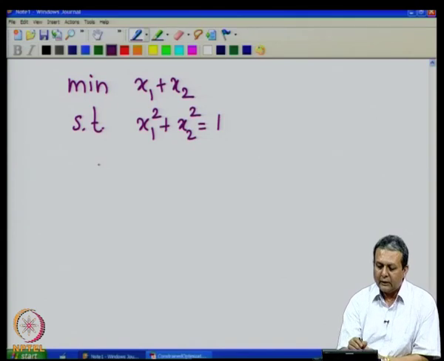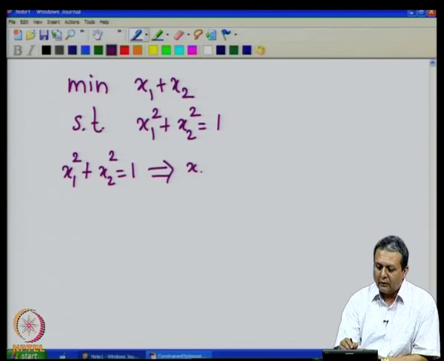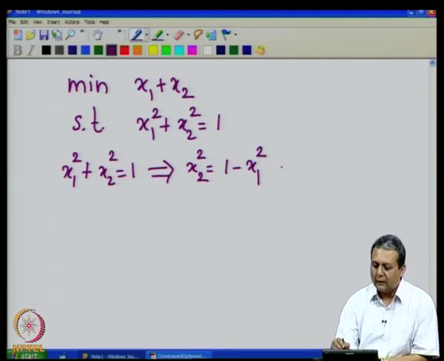Now, if you look at the constraint, what this gives us is that x2 square is equal to 1 minus x1 square, and this implies that x2 is equal to plus or minus square root of 1 minus x1 square.